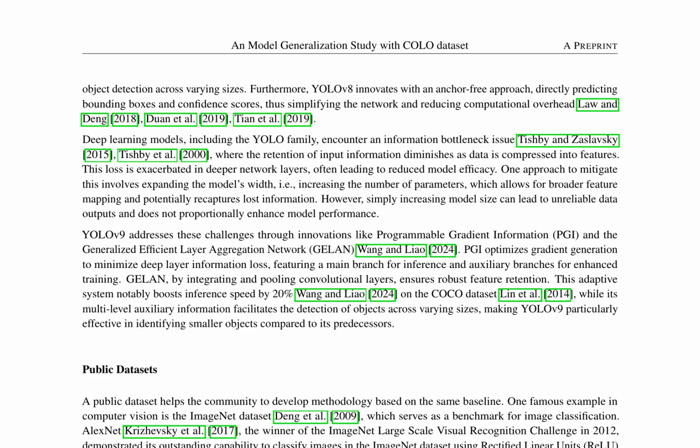YOLO family models and public datasets. The study explores the generalization of YOLO family models across varying environmental settings and model complexities within the context of indoor cow localization. The YOLO family models, including YOLOv8 and YOLOv9, are designed to perform object detection in a single pass through the network.